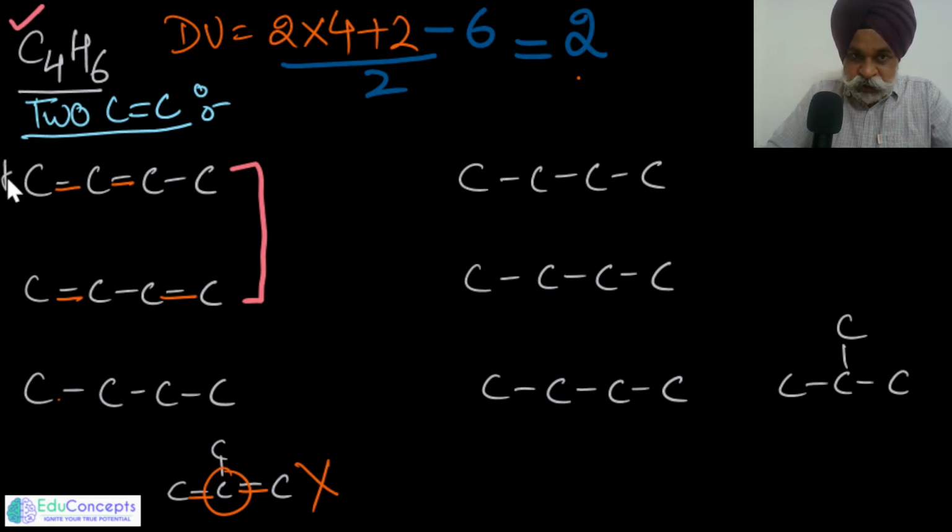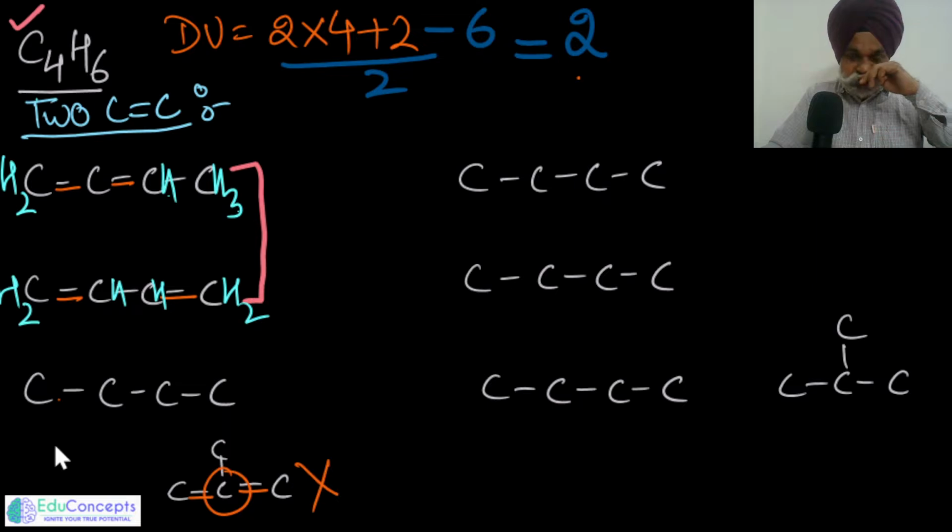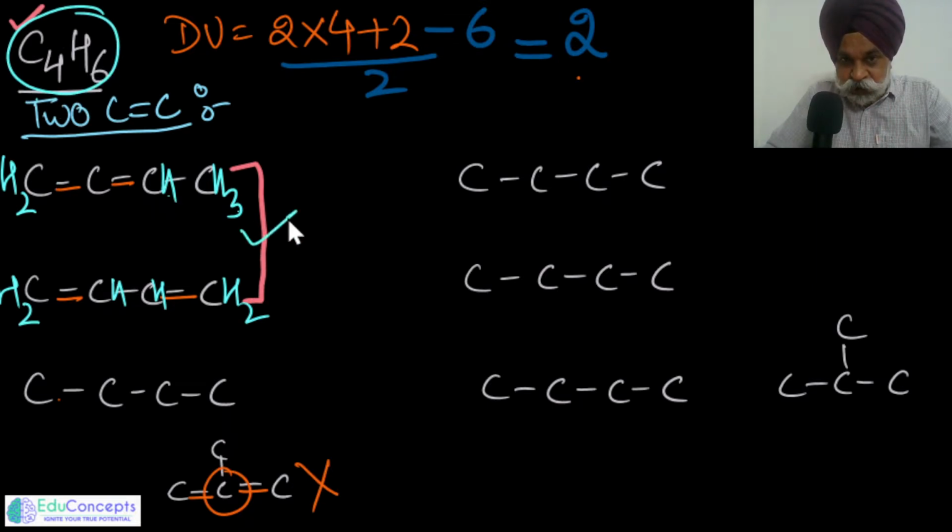If I add hydrogens here, for one, here you have 2 hydrogens, here 1, here 3, so 3 4 5 6. Here also, if you add 2 hydrogens here, 1 here, 1 here, 2 here, it again becomes 6. So this particular compound can be available in these two forms. These two can be said to be structural isomers.